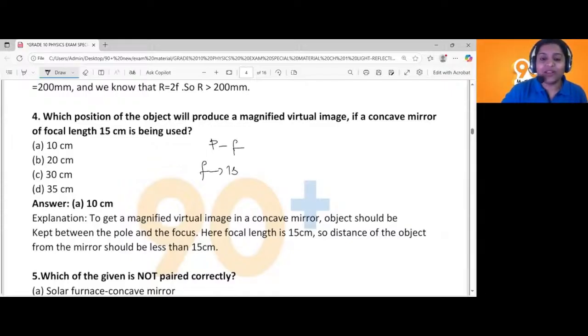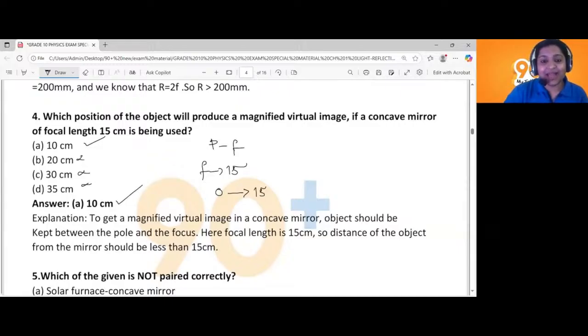So the range of distance will be between 0 to 15, right? It will be between 0 and 15. Okay. So let's see which number is between 0 and 15. Option A, 10. 10 lies between 0 and 15. Okay. Option B, 20, greater than 15. No. 30 greater than. 35 also greater than. So the answer is 10 centimeter. Okay.